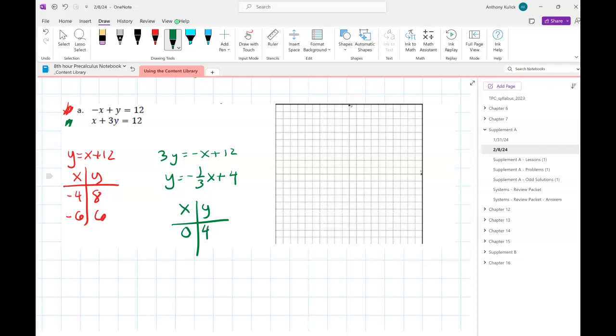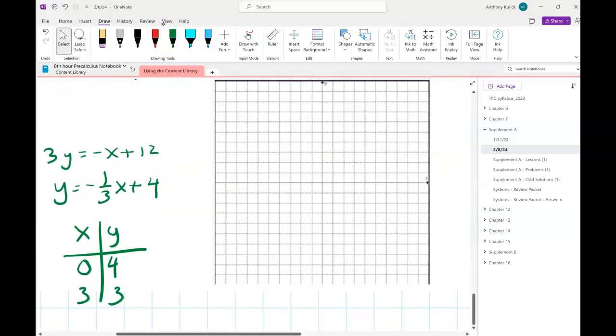Okay, what else? Try 3. -1/3 times 3 is -1. Oh, wait, plus 4 is 3. No, I was thinking -3 plus 4. Oh, yeah, that's not right. Yeah, I did already.